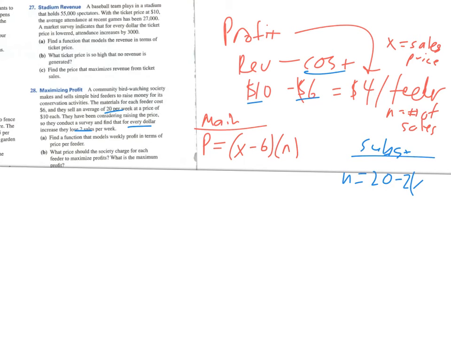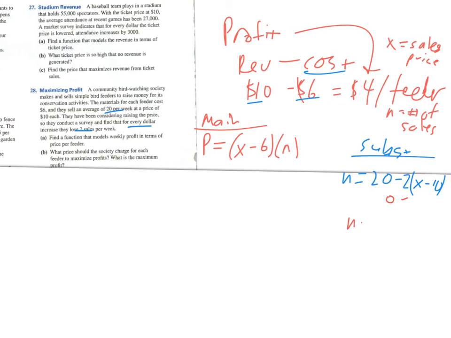And so in here I'm going to put x minus 10. And so what we can see here is that if I plug in 11 right here, I raise the price by $1, which then turns this parentheses into 1, which makes me lose 2 customers. It also works backwards. So if I plug in a 9 here, that means I'm lowering the price by $1. This turns into -1, which gives me 2 more customers.